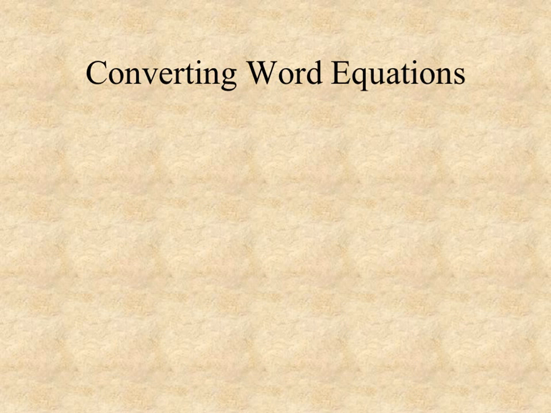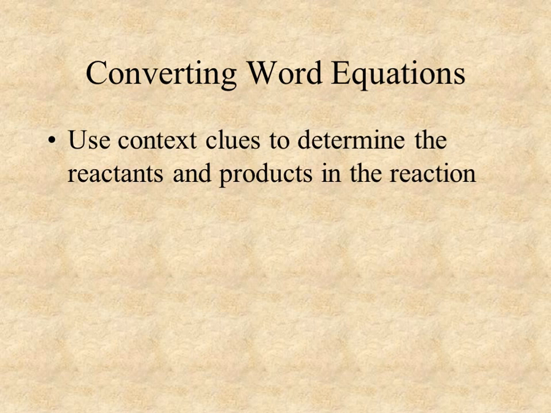When we are presented with a narrative description of a chemical reaction or a word equation, we need to use the context clues that are provided within that narrative to determine, first of all, what are our materials that we are starting with, our reactants, and what material or materials are we ending up with, our products.